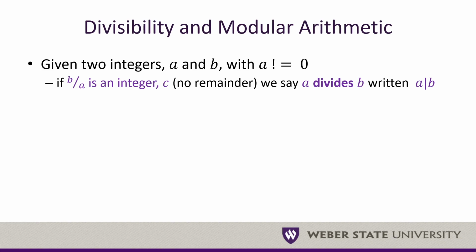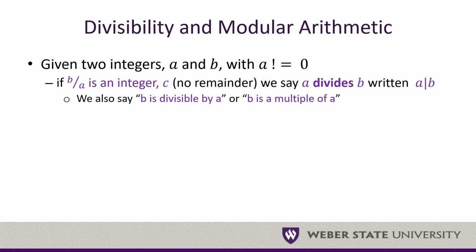So the idea here is that if some number b divided by a is evenly divisible, then we say a divides b. We use that for factoring, we use it for all kinds of other stuff. We also say b is divisible by a, or b is a multiple of a, would be other ways of actually saying this. But if you're talking to a mathematician, they're going to want to hear the word divide.